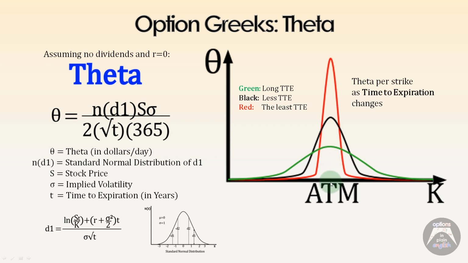So it's not something that you start out as out of the money and then it's going to stay the same. No, it might become at the money, it might become in the money after a certain time and after the underlying price changes. So it's important to understand how theta changes as time to expiration changes, and also how this is going to affect your positions.